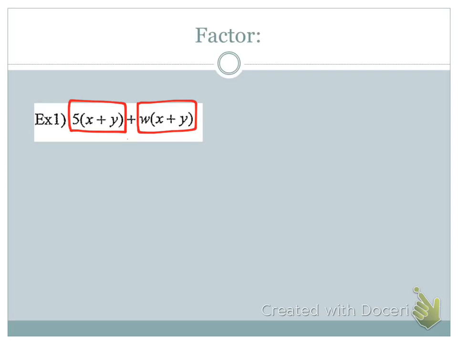X and Y. The x plus y. So that piece that's in the parentheses is in common for both of them. You see that? They both got x plus y in parentheses. So that's what gets factored out. Now when we factor out a GCF, where does it get written?